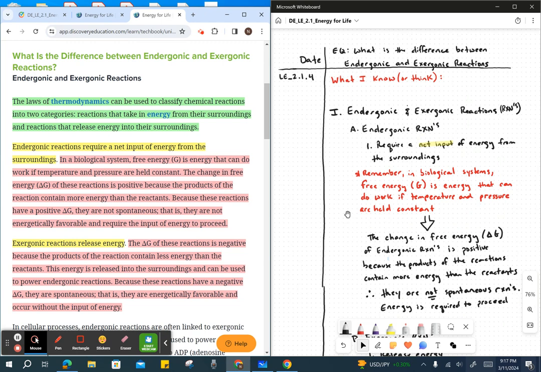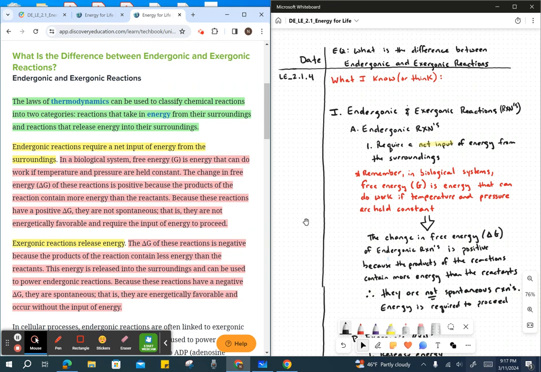If you take a look here, I've got in red a little note to you, and this is coming directly from your text on the left. In biological systems, free energy is designated by the letter G, capital G, and it represents energy that can do work if temperature and pressure are held constant.